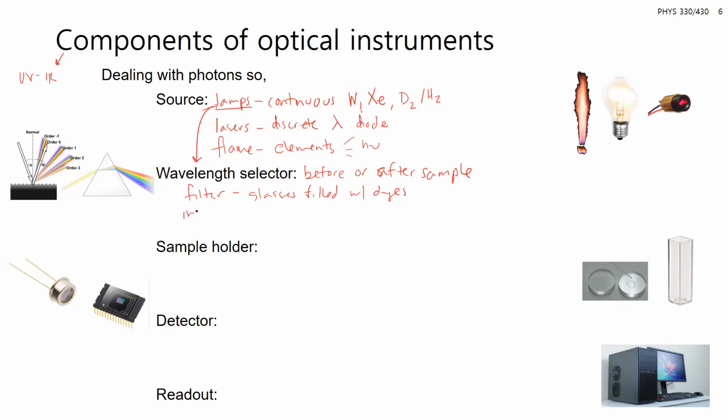More complex would be an interference filter, where these are layers of glass, metals, dielectric, then another layer of metal and glass. With the different refractive indices of these layers, certain wavelengths will constructively interfere, while the other wavelengths will destructively interfere. So that's how those work.